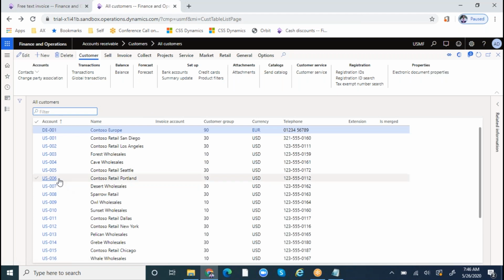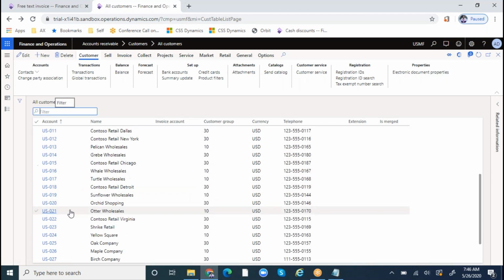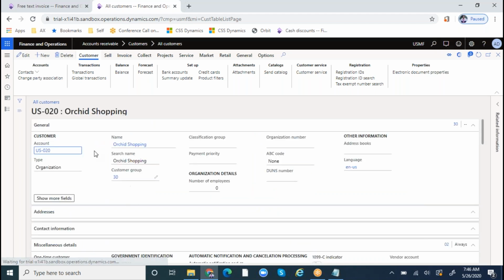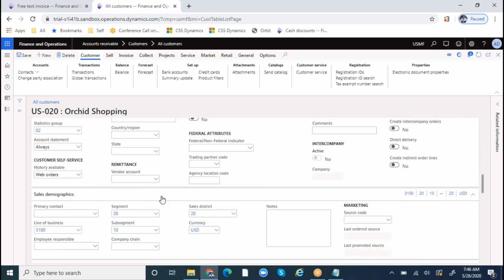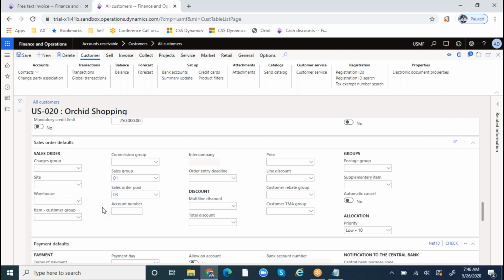Take the example, any customer is fine, US 020. I'm just mapping. So usually we'll map at customer level itself. The terms of payment and cash discount will be mapped at the customer level only.